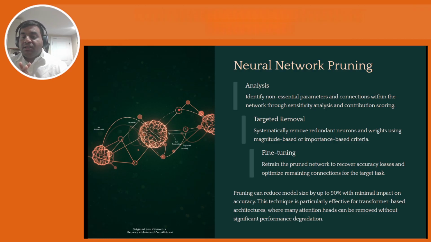The process involves analysis to find non-essential parts, targeted removal of these parts, and then fine-tuning the smaller pruned network to recover any potential losses. Pruning can dramatically reduce model size, sometimes by up to 90%, with minimal impact on accuracy, making models much smaller and faster for edge deployments.